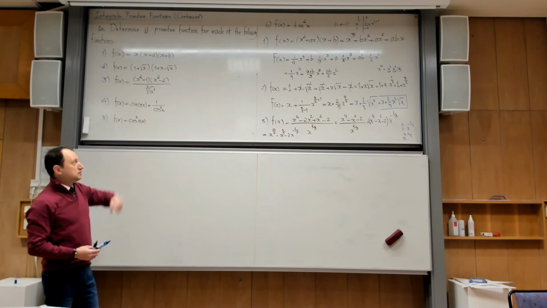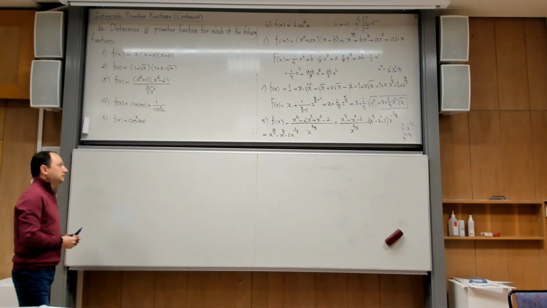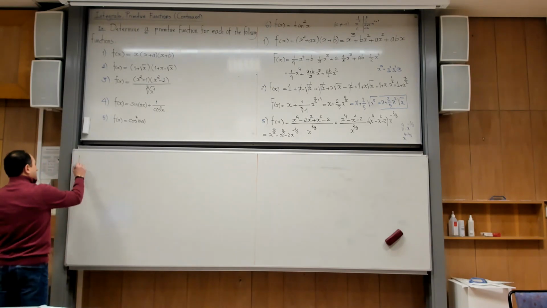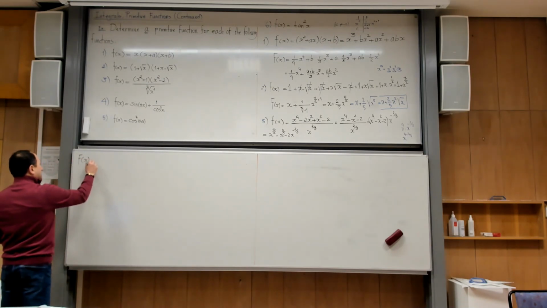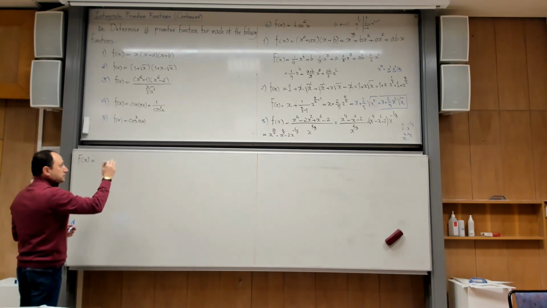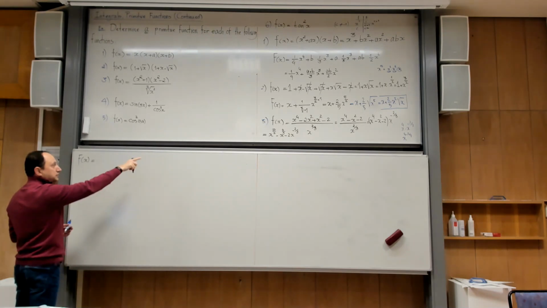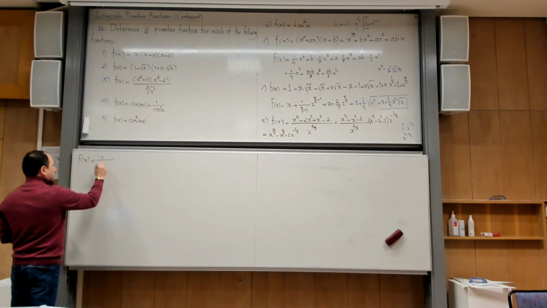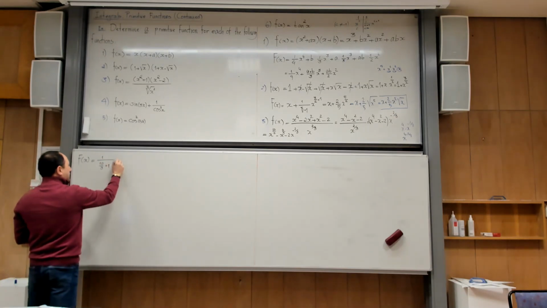I can use that formula up there for each one of those terms. So what I write is that capital F of x is equal to x to the power of 10/3. 10/3 is playing the role of that c, so it becomes 1 over 10/3 plus 1, x to the power of 10/3 plus 1.